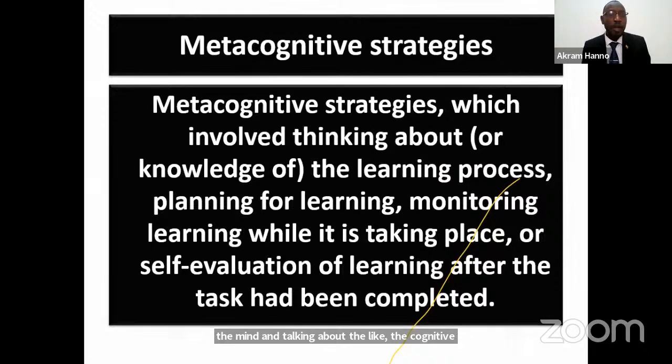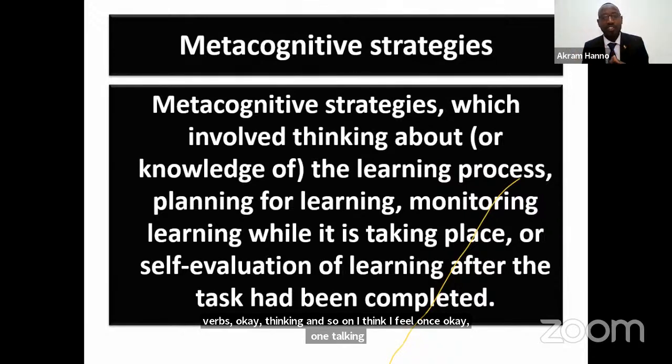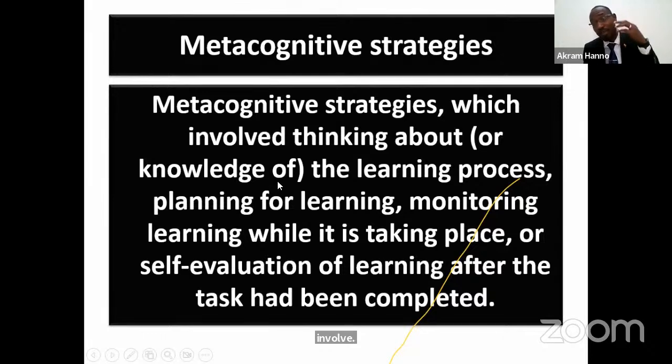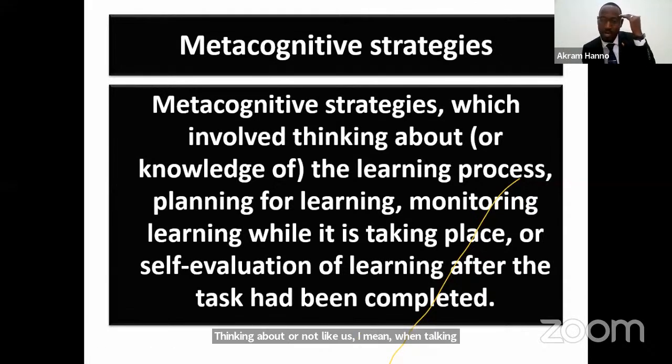The cognitive strategies involve thinking about or knowledge of the epistemic machine existing in our brain, dealing with epistemology, the knowledge and the learning process: planning for learning, monitoring learning while it is taking place, or self-evaluation of learning after the task has been completed. So this is the metacognitive strategy.